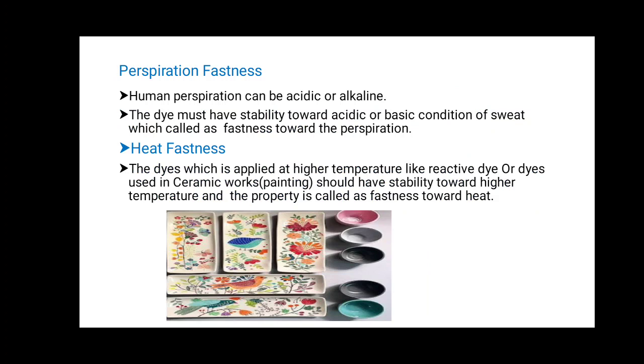The dye must have stability toward the acidic or basic condition of sweat, which is called fastness toward perspiration. It is an important consideration during the manufacturing of a dye, mainly for textile material.